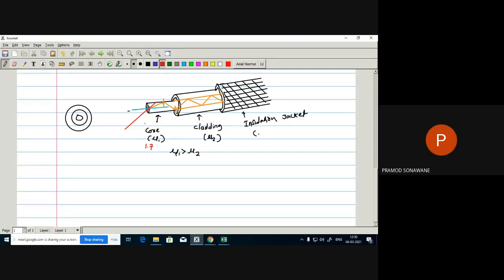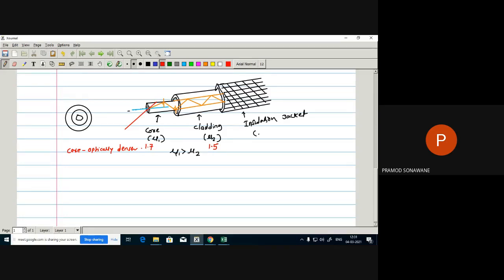Then the core has a refractive index slightly more, sorry, cladding. The cladding has a lower refractive index, about 1.5, and the insulation jacket has none. So can I write that the core is optically denser? Yes, sir. Core is optically denser.